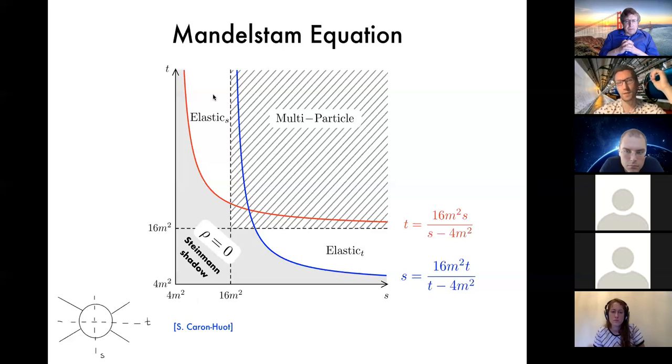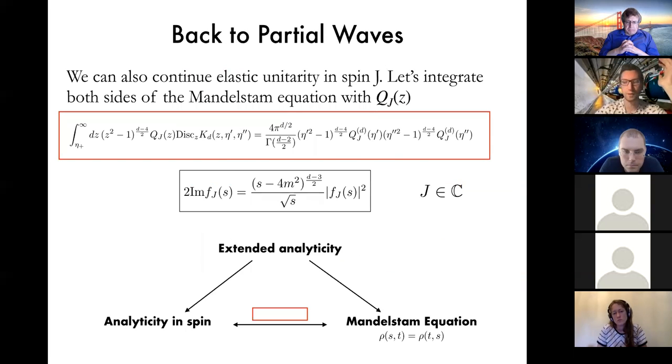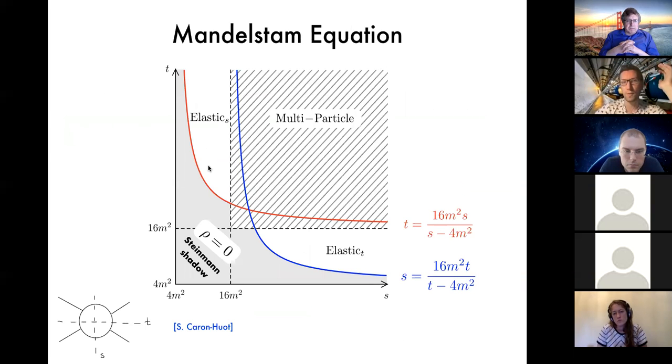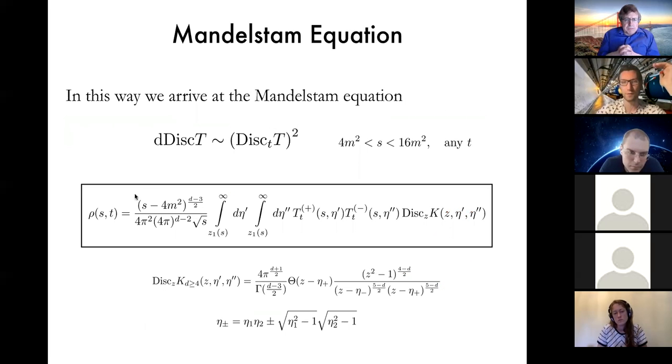Then you have some structure where, if you stay in one of the variables between 4 and 16, it means you are in this elastic region where you just produce one particle, and so in this elastic region you can use the Mandelstam equation. So your double spectral density here is defined through this equation. You see S between 4 and 16, and rho is defined as the double discontinuity.